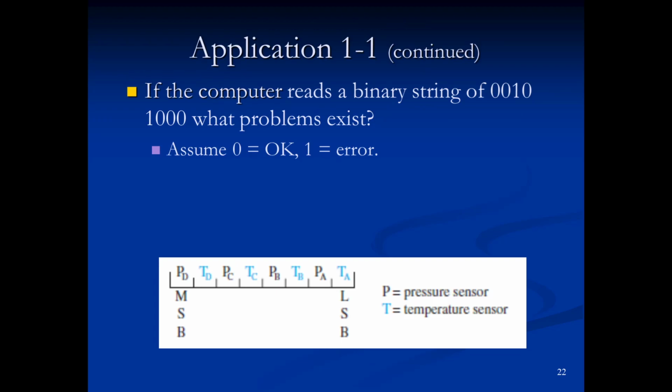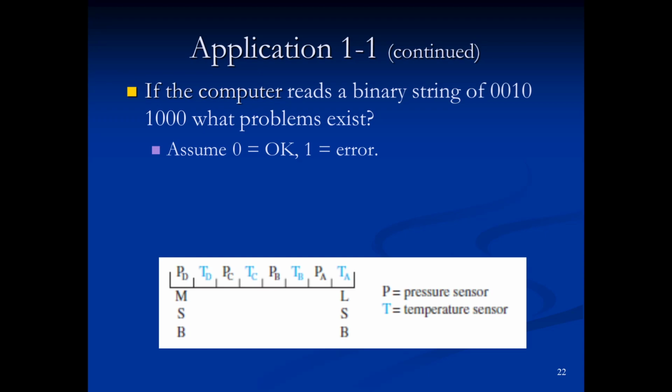Well, what if we take the P and the T sensors for each tank, and we just say, okay, 0 means that there's nothing wrong, temperature or pressure, whichever sensor it is, is fine. 1 means there's an error, like pressure's too high or too low, temperature's too high or too low, some sort of error. Then we can compile a binary string.